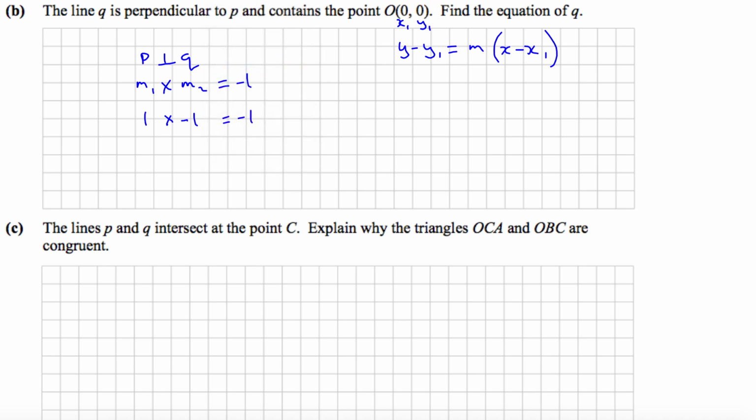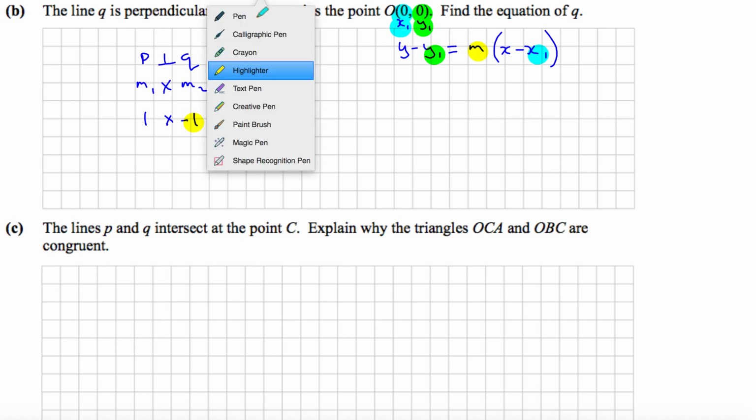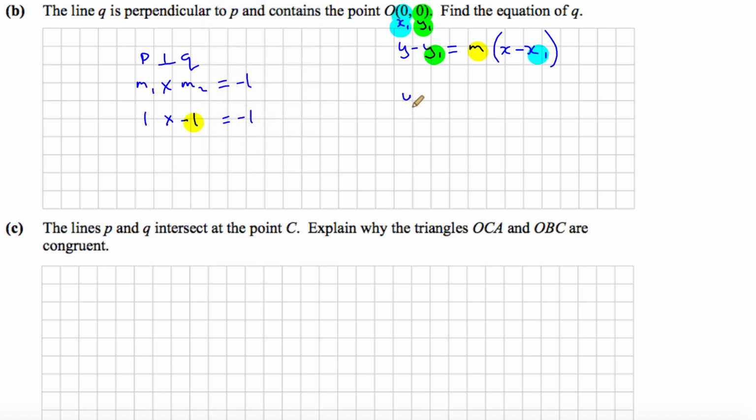So now we're just substituting in carefully. Our m value, which is -1, will go in there. Our y1 value, 0, will go in here. And our x1 value, the other 0, will go in over here. So we substitute in now, we get y minus 0 is equal to -1 bracket x minus 0.